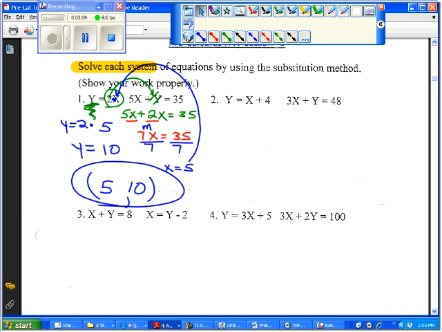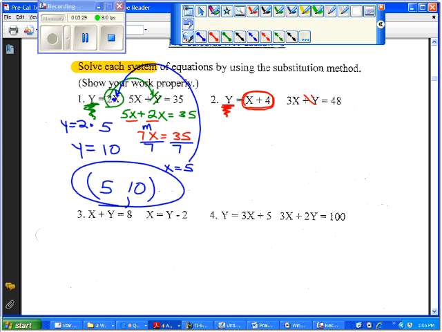Number two, we have a system of equations, y equal x plus 4 and 3x plus y equal 48. We do have an equation where there's an isolated variable. It tells us what it's equal to. So we have y in terms of x.